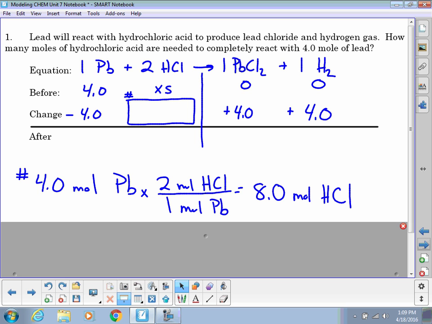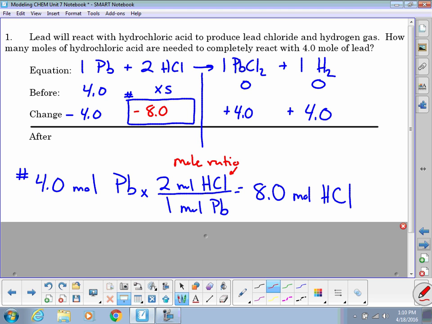Well, we know we got 4 moles of lead, and then I'm going to use my mole ratio of hydrochloric acid to lead, which is 2 moles over 1 mole, and that will yield me 8.0 moles of HCl. So in this reaction, use up 4 moles of lead, use up 8 moles of HCl.